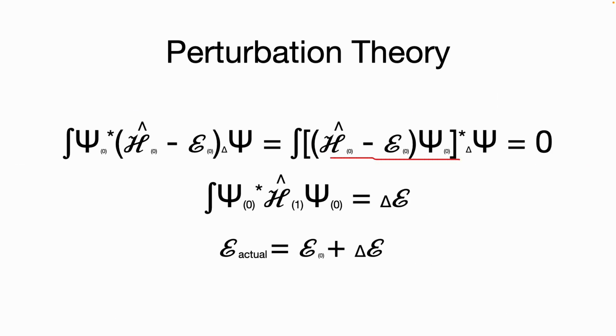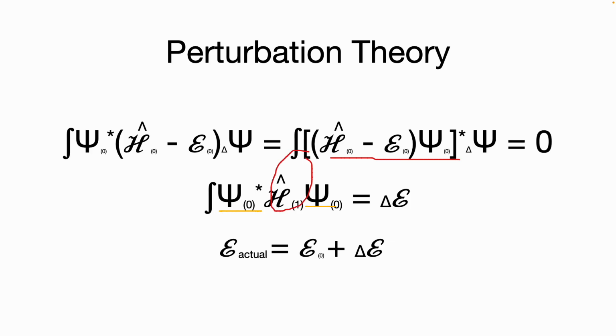Finally, what we see is that the correction to the energy becomes the expectation value of the perturbing Hamiltonian, which is H1.